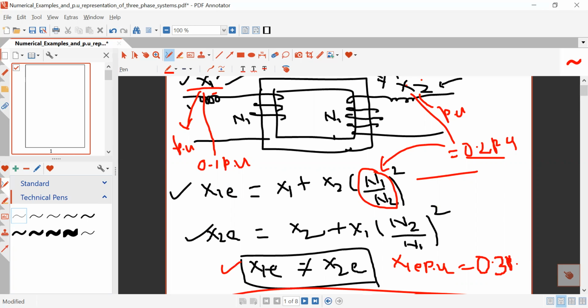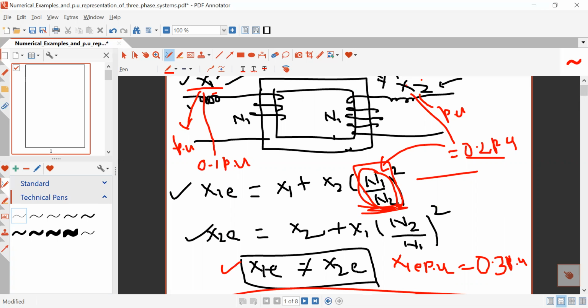So without the knowledge of turn ratio, you can directly calculate total reactance of the transformer. Turn ratio is not important if you are doing calculation in the per unit system. This is the biggest advantage of the per unit system.